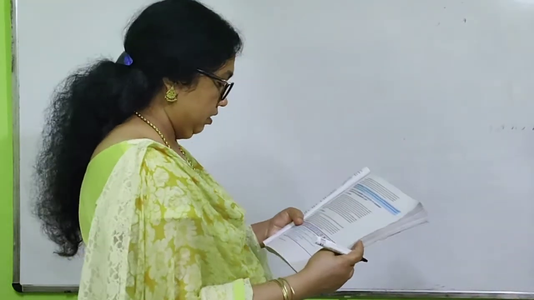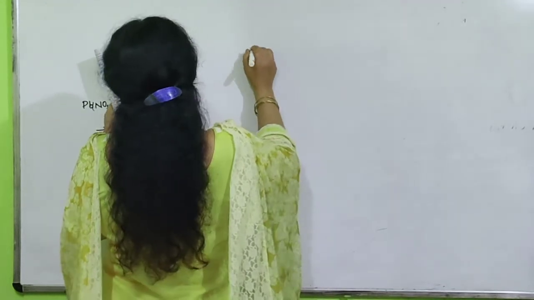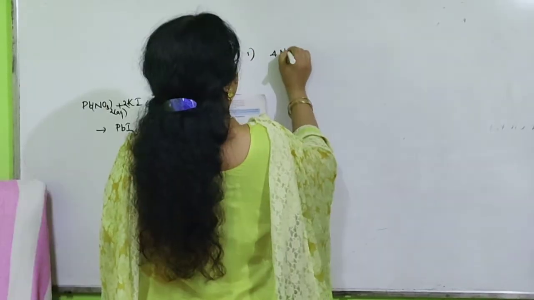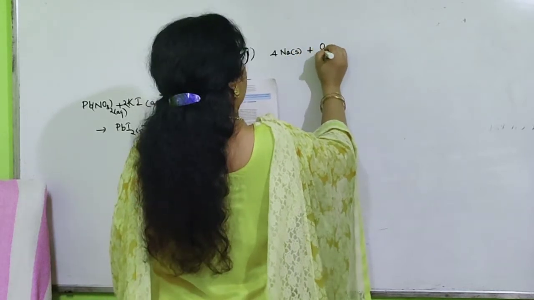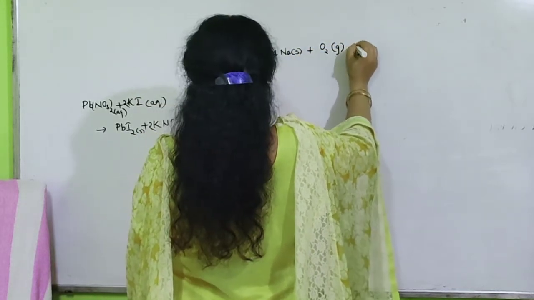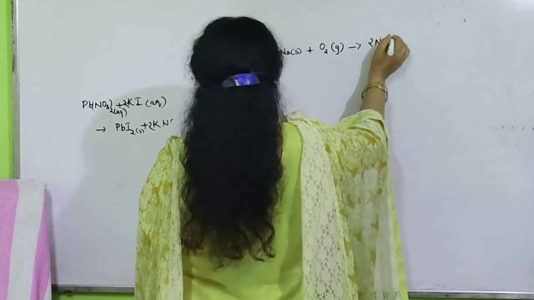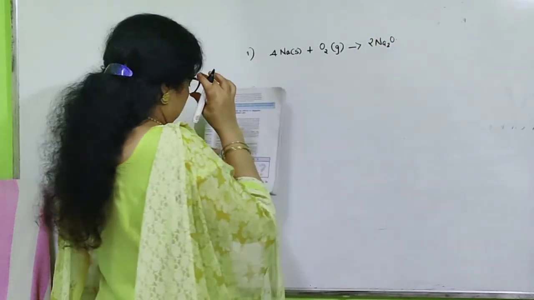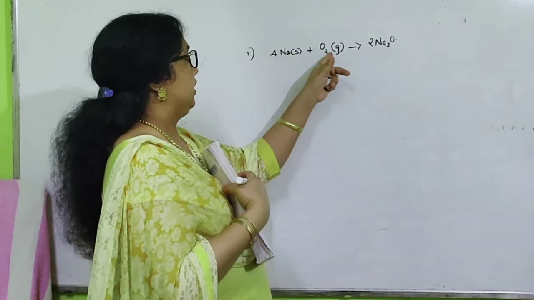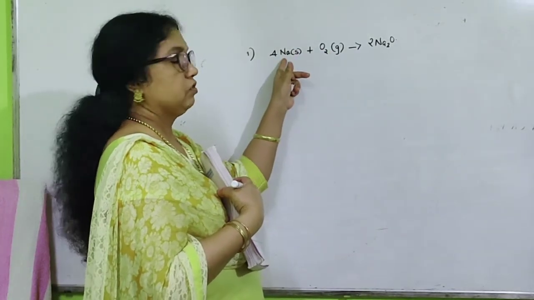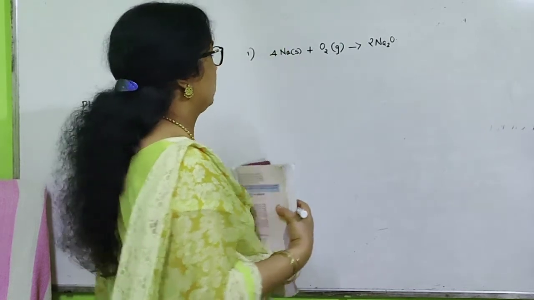Page number 13 is done. Identify the substances that are oxidized and that are reduced. Na plus O2 gives 2 Na2O. So in sodium, oxygen is added. So sodium gained oxygen, so that is oxidized.